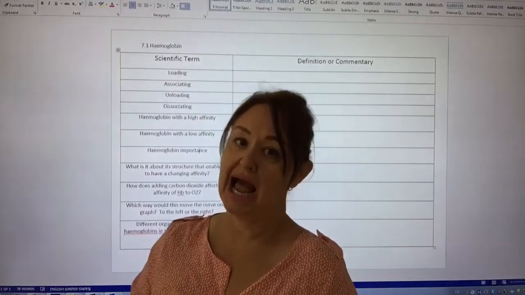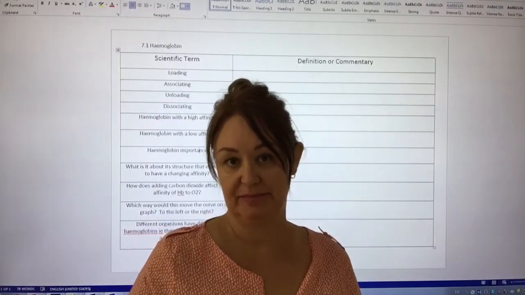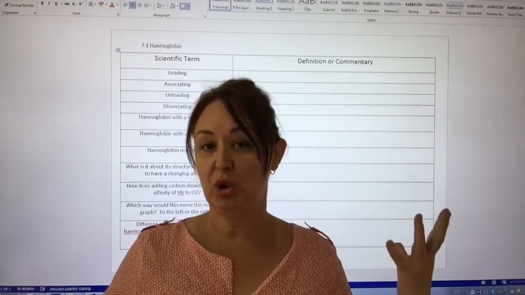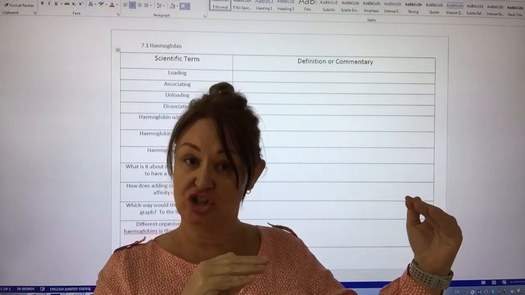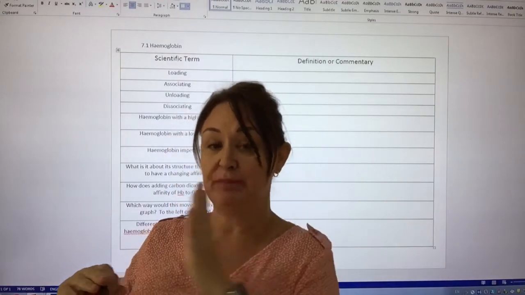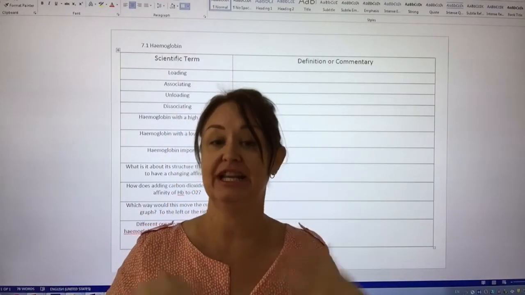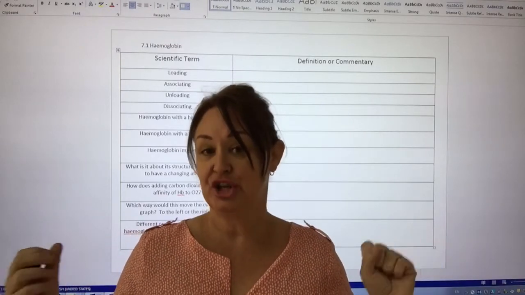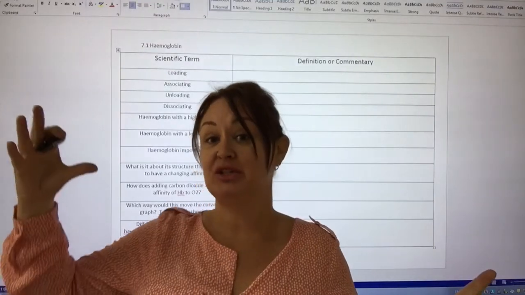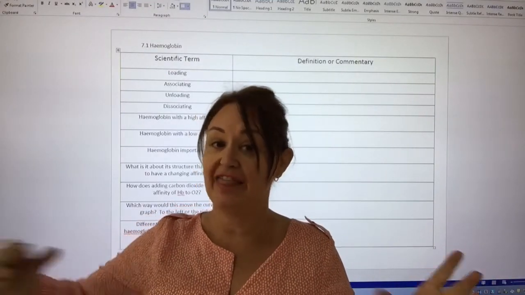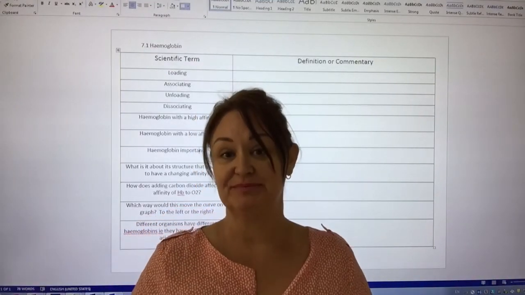Human hemoglobin has an additional importance, and that is due to the fact that its affinity for oxygen changes depending on the partial pressure of oxygen in the air. So as there is less oxygen, its affinity changes compared to when there is more oxygen, and that is key later on.